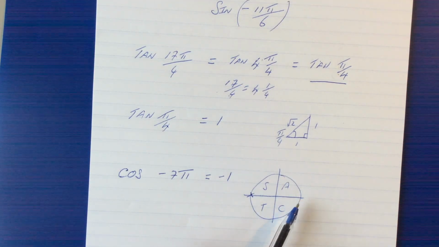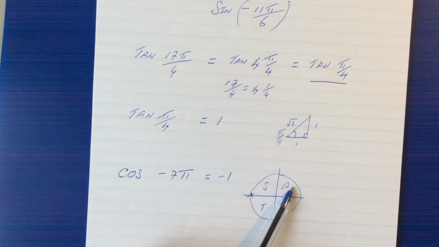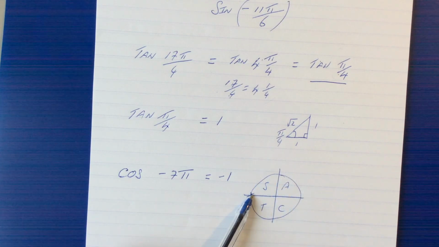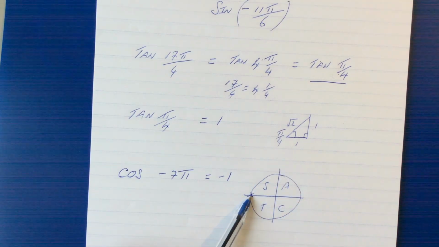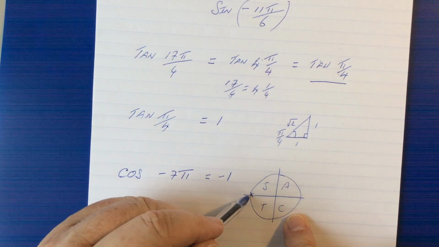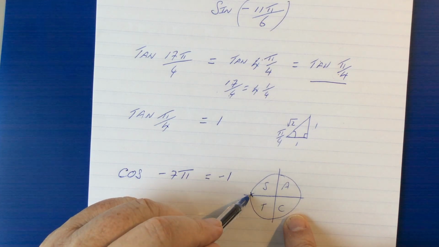I'll do it both ways and you can see what happens. We're going to wind up in the same place. So 1 pi, 2 pi, 3 pi, 4 pi, 5 pi, 6 pi, 7 pi, all negative, going in the other direction. We wind up here at 180 degrees or 1 pi.